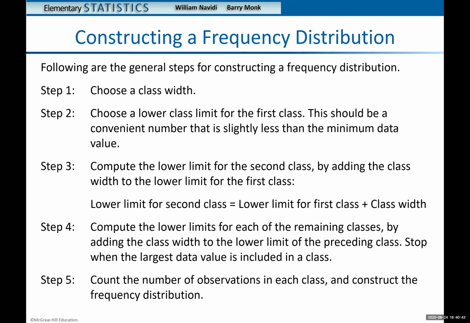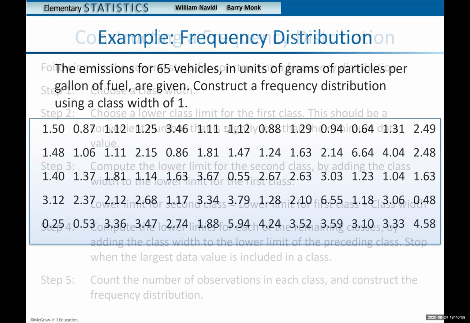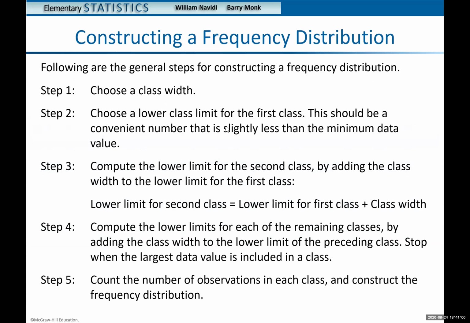All right, so step one, you choose a class width. And then step two, this is very important. Choose a lower class limit for the first class. This should be a convenient number that is slightly less than the minimum data value.